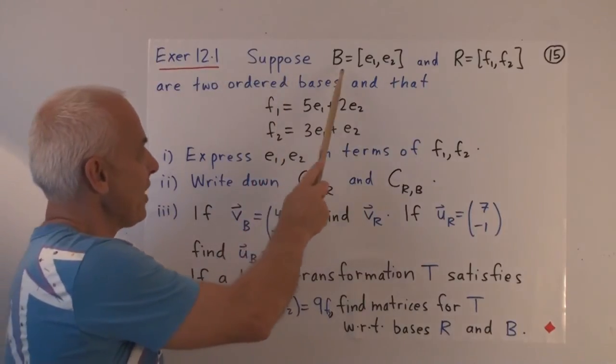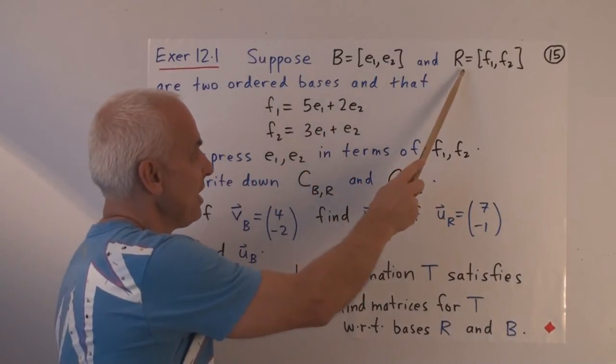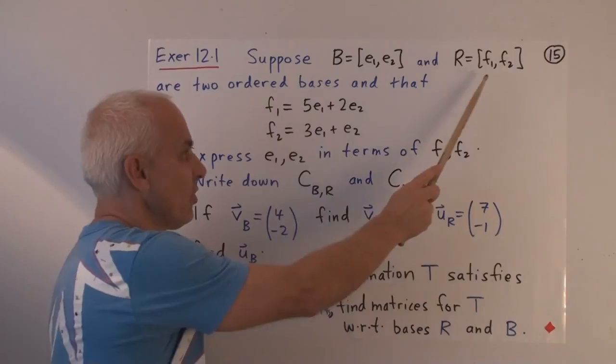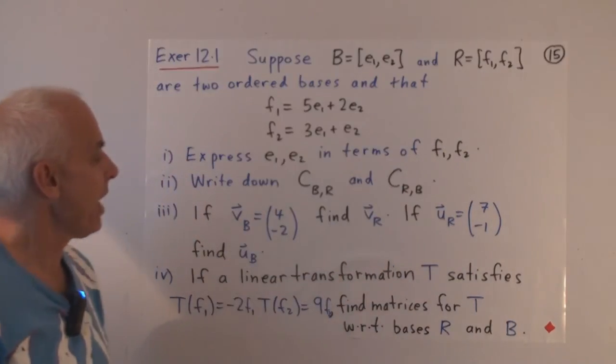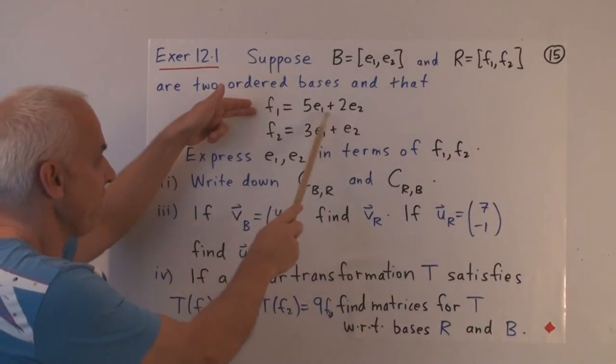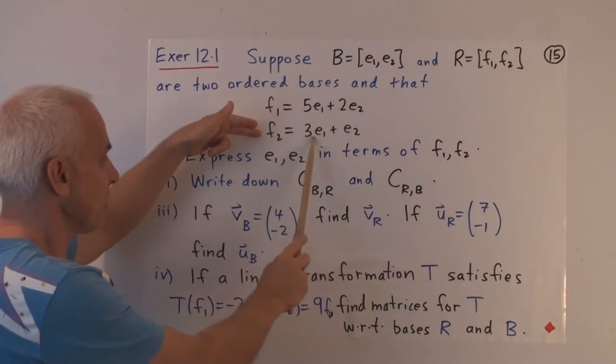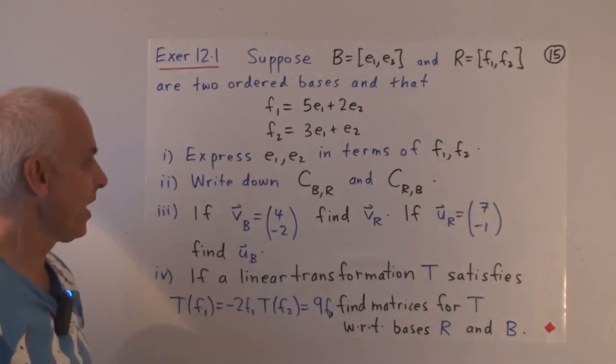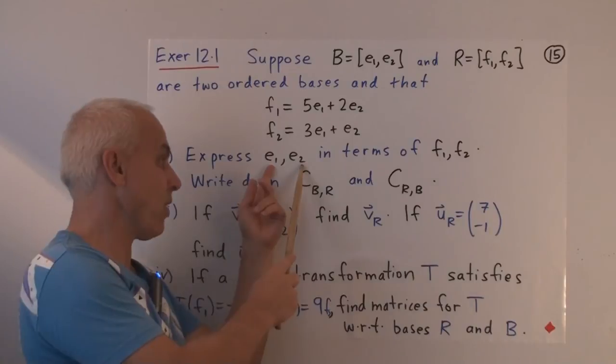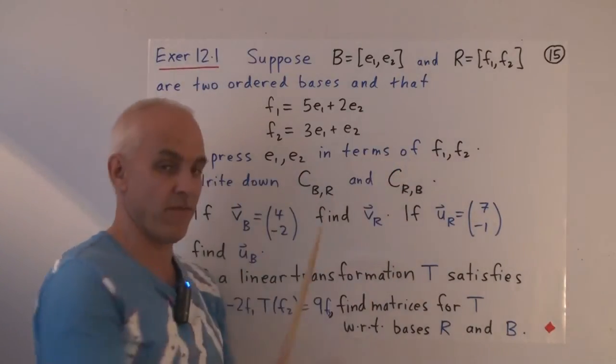First one, suppose we have two ordered bases, B and R, consisting of E1, E2, and F1, F2. And we're told that F1 is 5E1 plus 2E2, and F2 is 3E1 plus E2. Then first of all, express E1 and E2 in terms of F1 and F2.